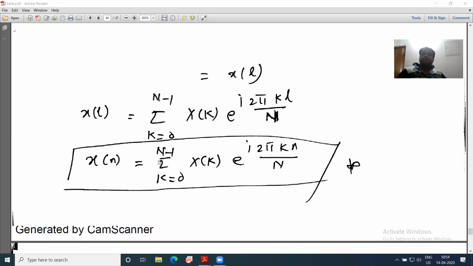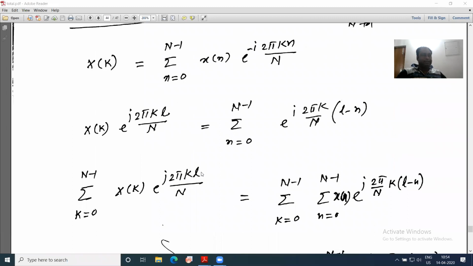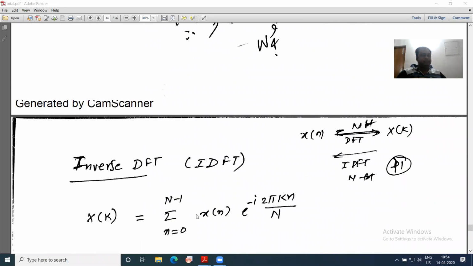In this expression, if we know x of k, then we can find x of n. And if we know x of n, then using this equation I can find x of k.